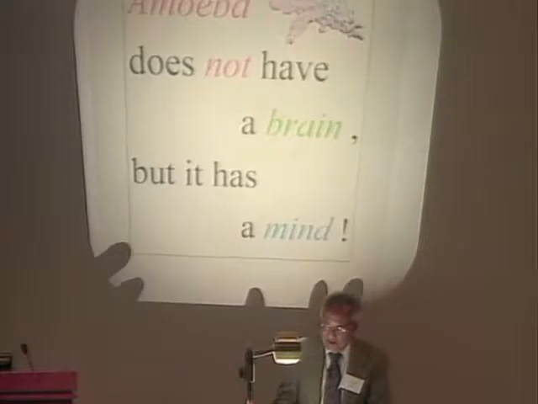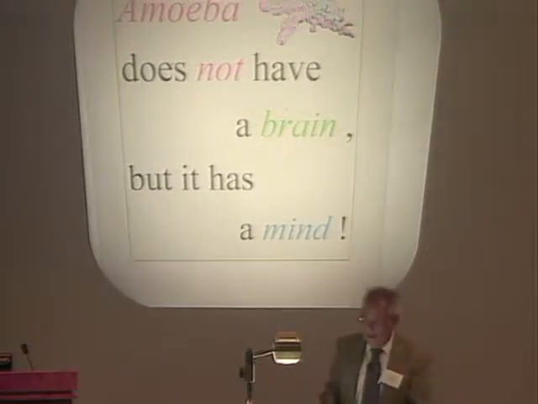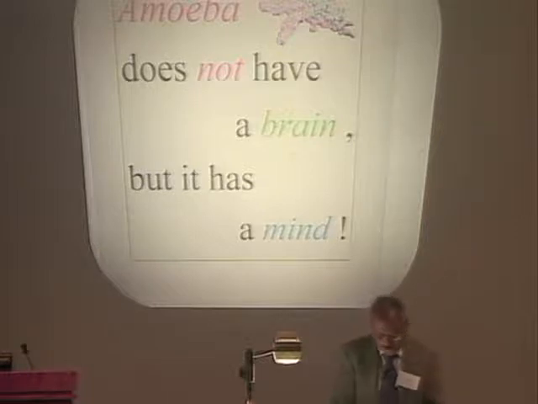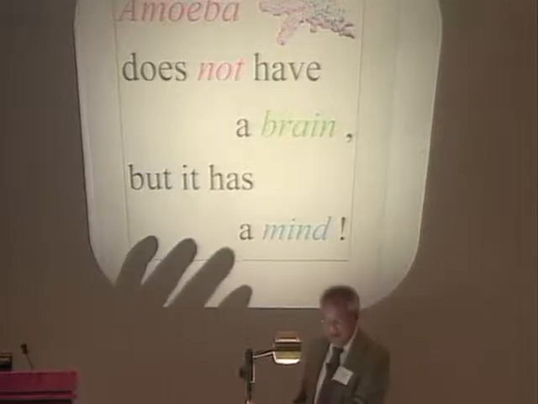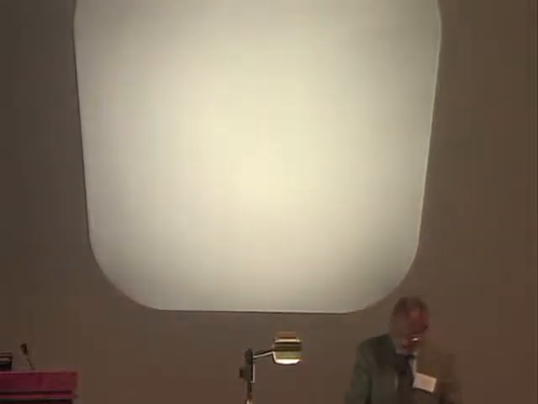So finally, I want to come to my conclusion. What you have seen, by the way, is that the amoeba, as you remember, doesn't have a brain, okay? But it has a mind, okay? And so you do not need neurons, in fact, to have intelligence.